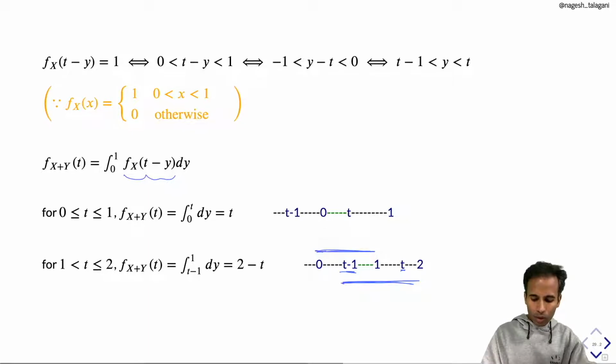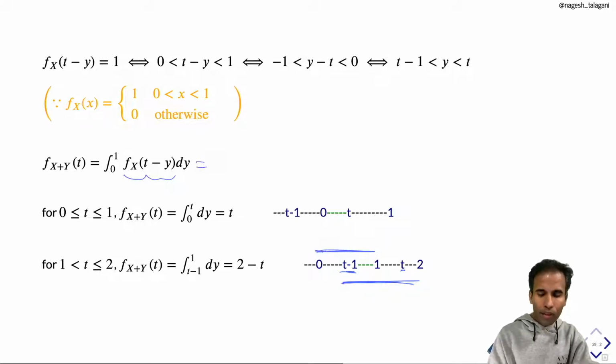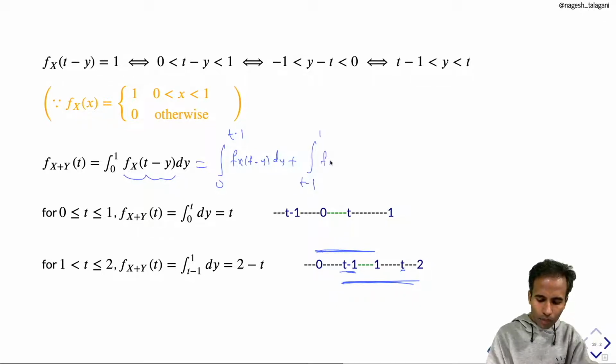So if I break this integral into two parts like this: the integral from 0 to t − 1 of fX(t − y) dy plus the integral from t − 1 to 1 of fX(t − y) dy.